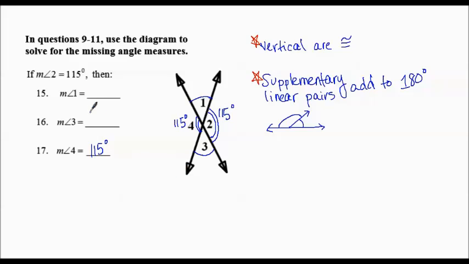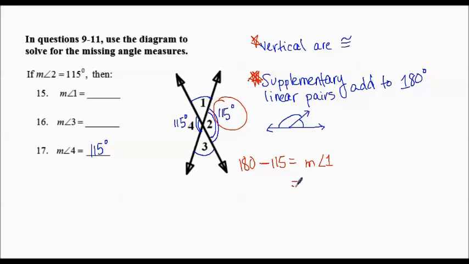And then to figure out angle 1, I remember the idea of supplementary angles, where if angle 1 and angle 2 together create 180 degrees, then 180 minus the 115 part that we already know should give me the measure of angle 1.